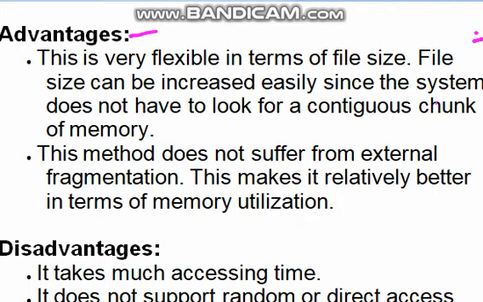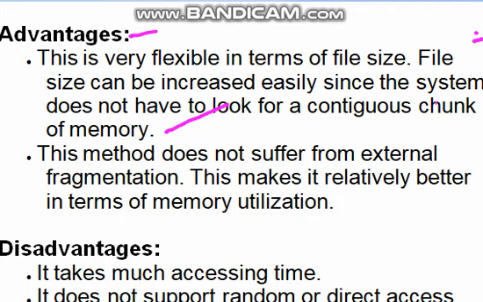It can be increased as much as possible. Contiguous memory allocation is not needed, so it can point anywhere the disk block is free. It automatically allocates, and this method does not suffer from internal fragmentation.